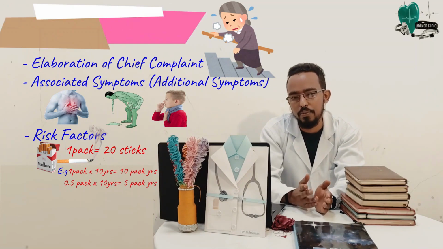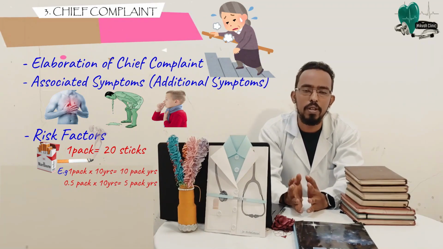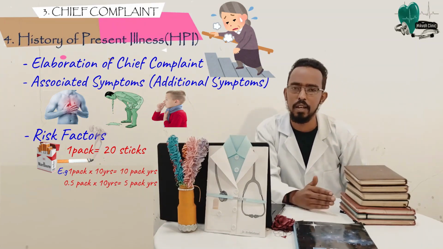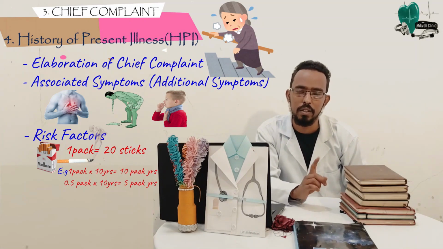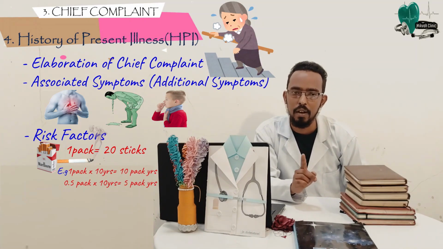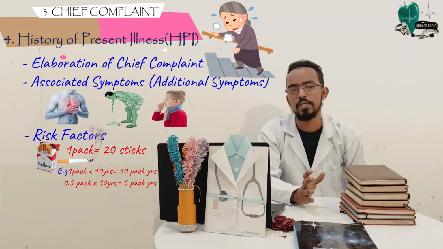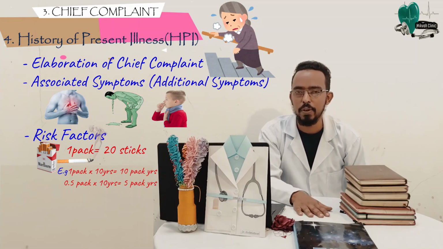So if he smoked half a pack of cigarettes per day, and he was smoking for the past 10 years, then I can calculate it as half multiplied by 10, which is 5 pack-years. So this is how we calculate the dose of cigarette smoking.